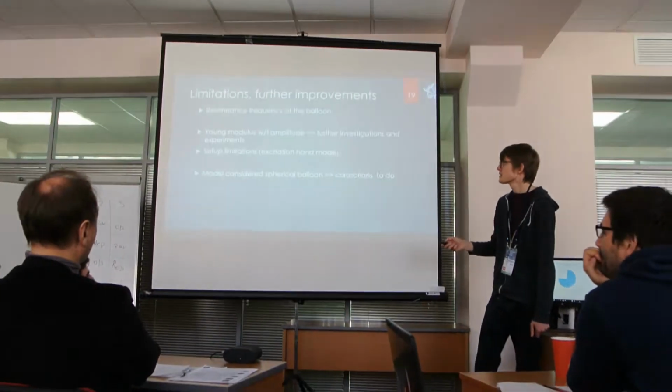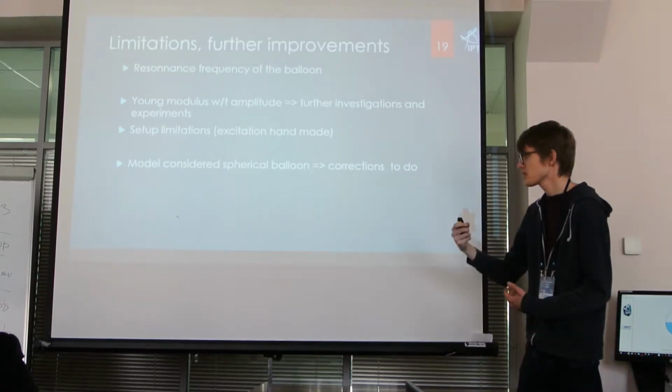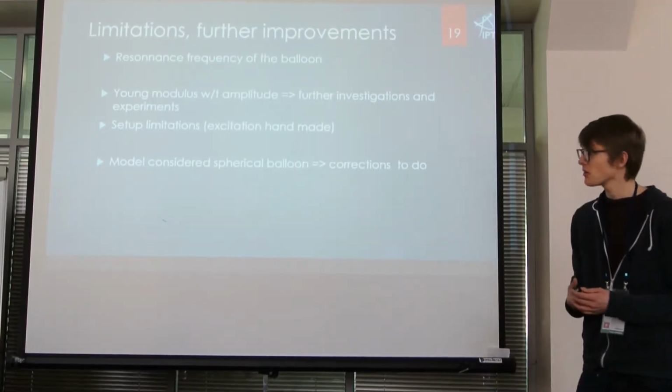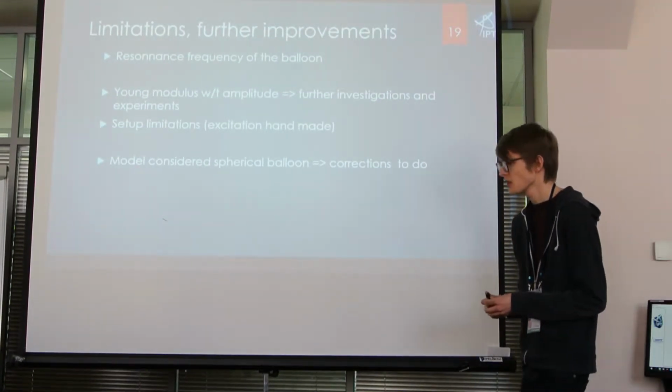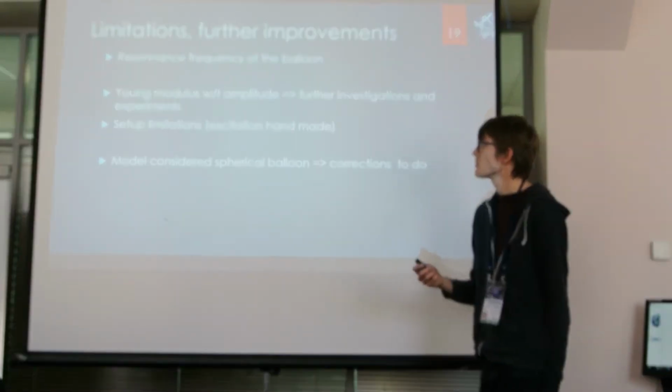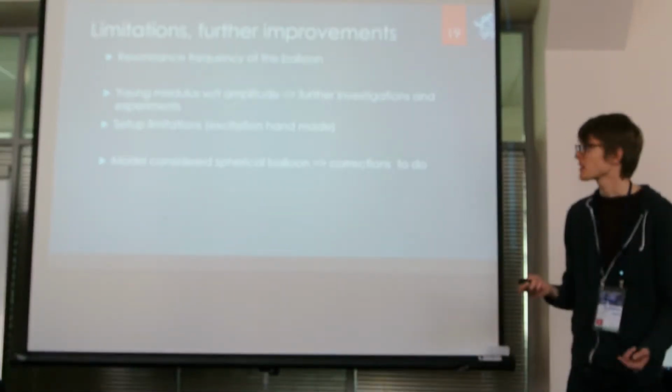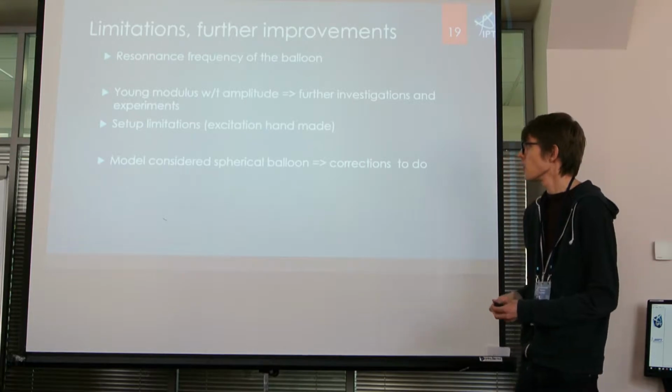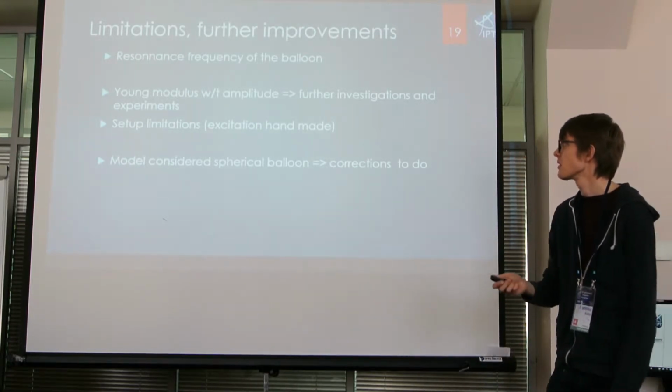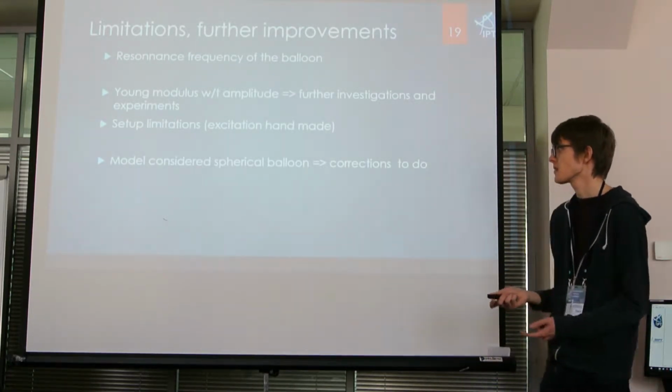Okay, and so now there are some limitations and some further improvements we can make to our models. We didn't investigate the resonance frequency a lot, but I will be really glad to discuss it. Then we haven't tested experimentally on the Young modulus, so we should do some more experiments.